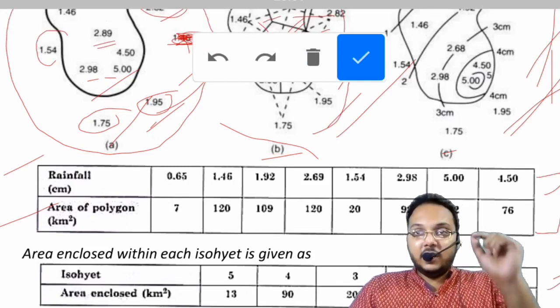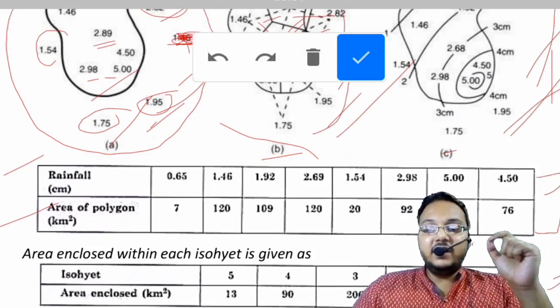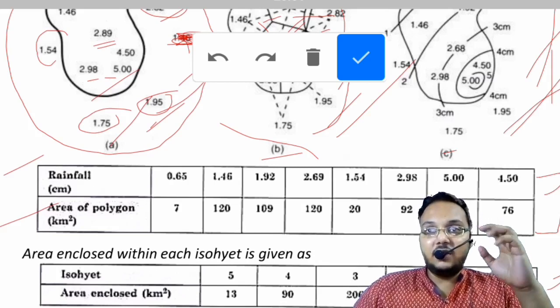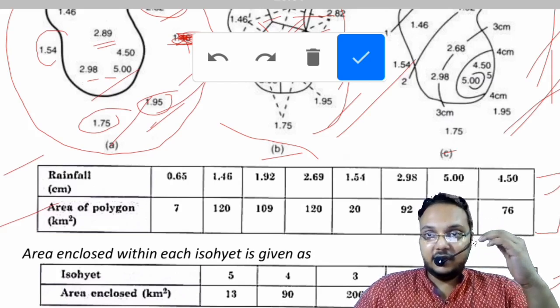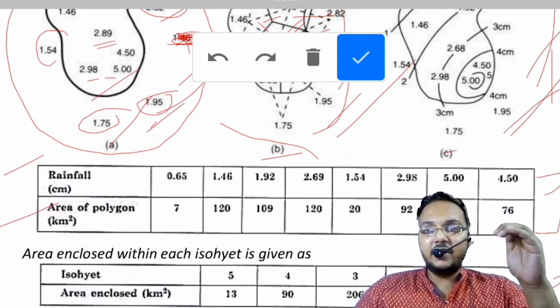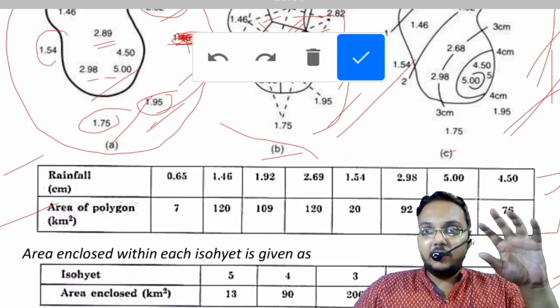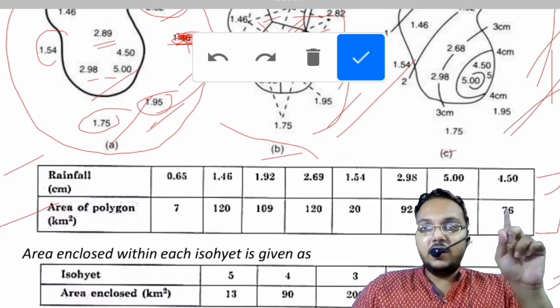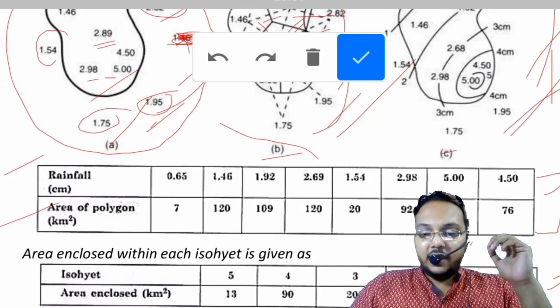So this is one clue to us to say that these values are not necessary, or this rain gauging station will not have any effect on the mean rainfall of that particular catchment. So we need not consider the values. So we can just proceed with the values that are given in the question.